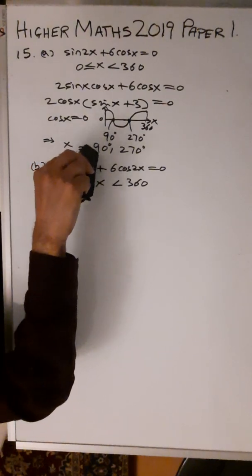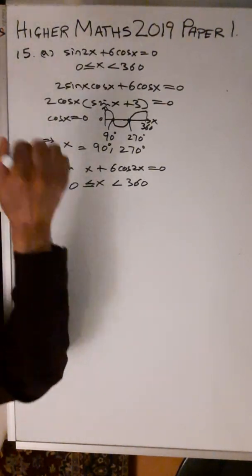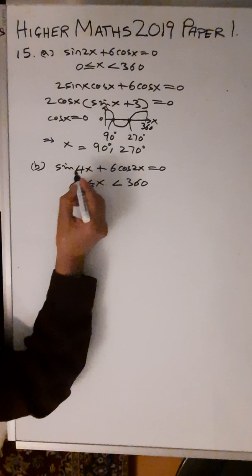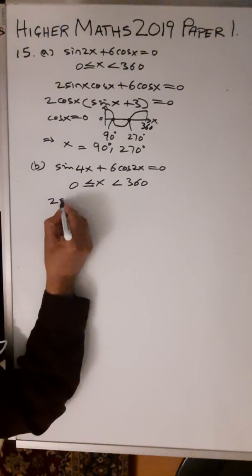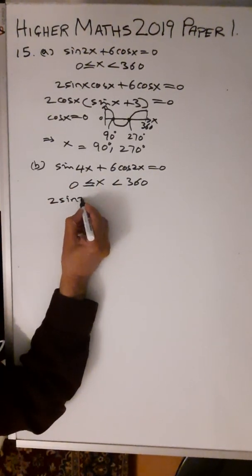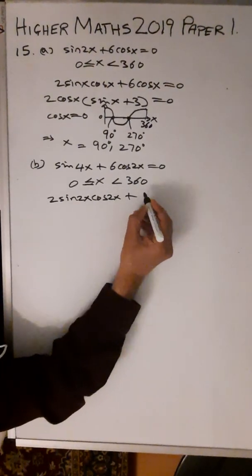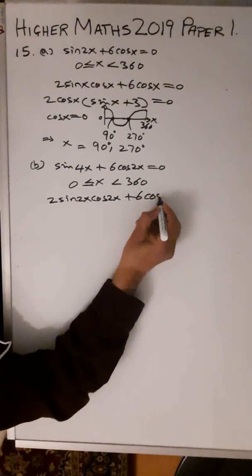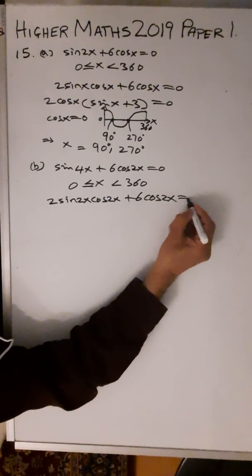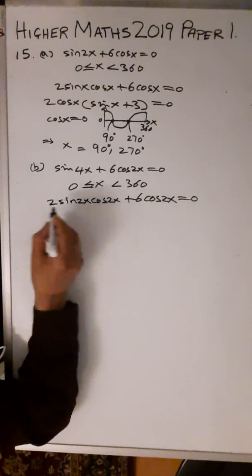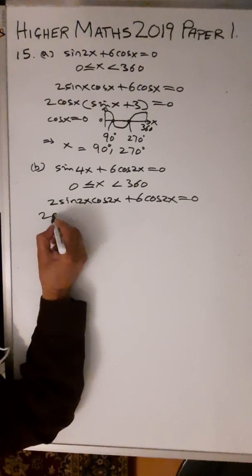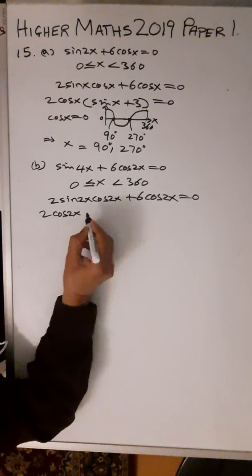When you expand sine 4x, you get 2 sine 2x cos 2x plus 6 cos 2x equals 0. Taking out a common factor, you can take out 2 cos 2x.